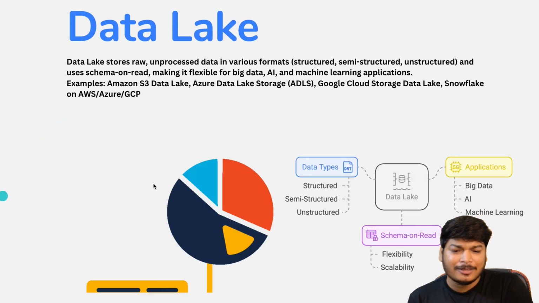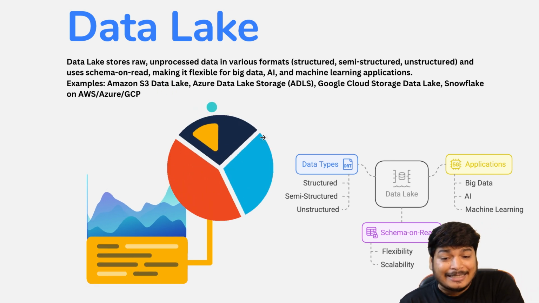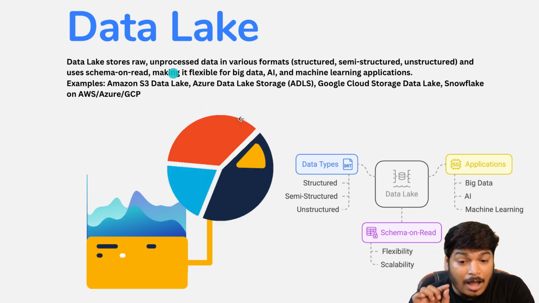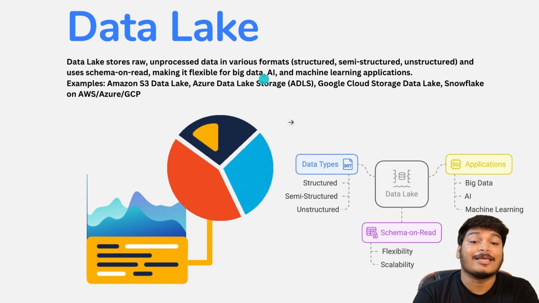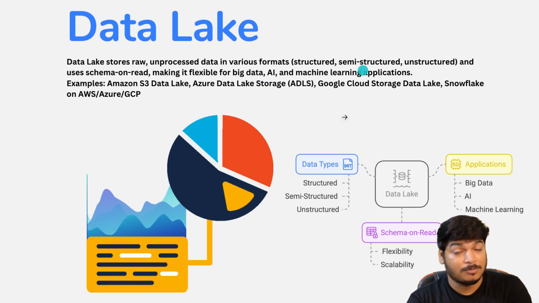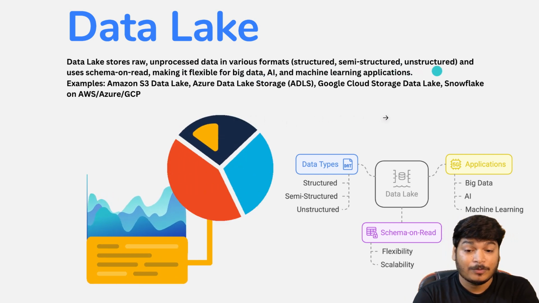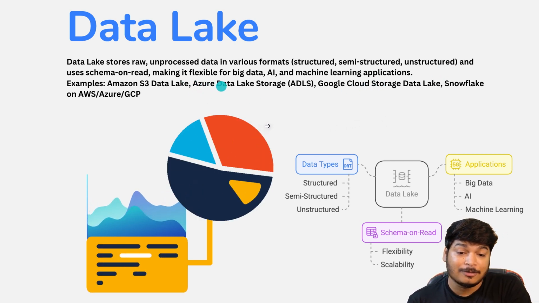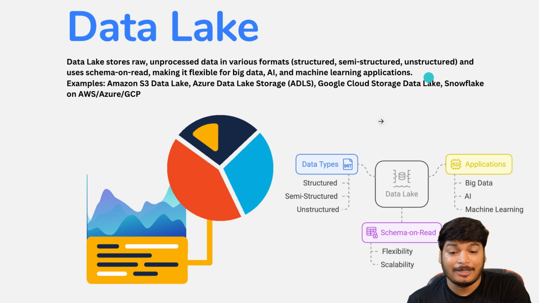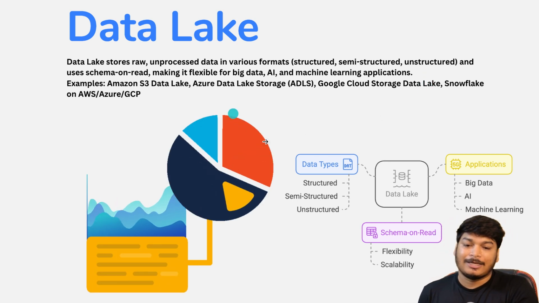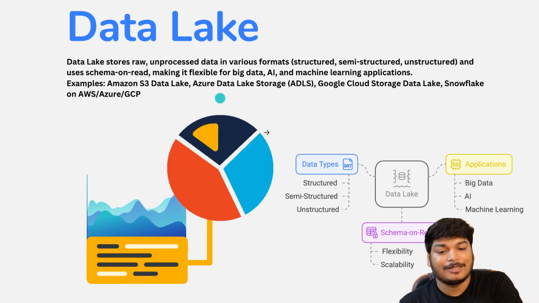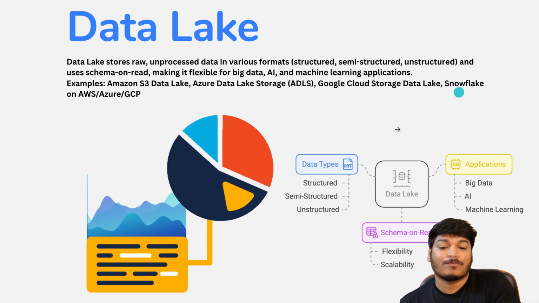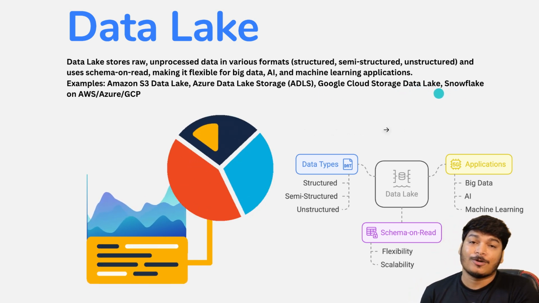So what is the data lake? Now, remember, a data lake stores raw, unprocessed data in various formats. Could be structured, semi-structured, or unstructured data. Okay, and it uses schema on read, which makes it flexible for big data, AI, and machine learning applications. For example, there is Amazon S3 data lake, Azure Data Lake Storage or ADLS, Google Cloud Storage data lake, and Snowflake on AWS, Azure, and GCP.